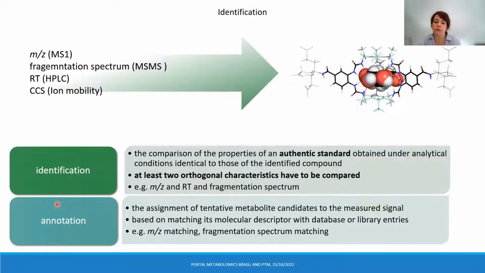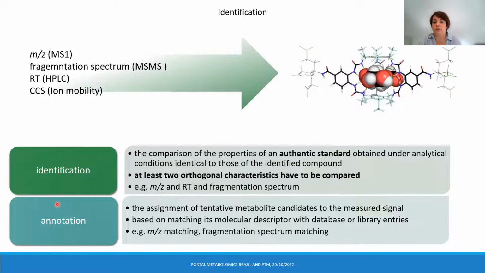So I can compare in this process, for example, my own MS/MS fragmentation spectrum with the MS/MS fragmentation spectrum from, let's say, a database. Or I can try to elucidate the structure based on the obtained fragments, obtained product ions. I can try to predict what the structure will be. That will be annotation. So in the majority of the cases, when we are saying that we are identifying metabolites, we are annotating them.